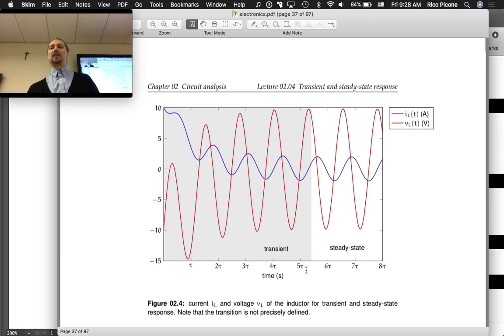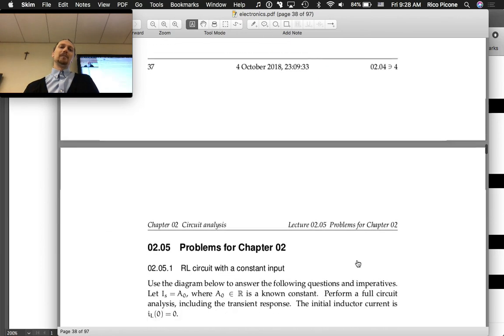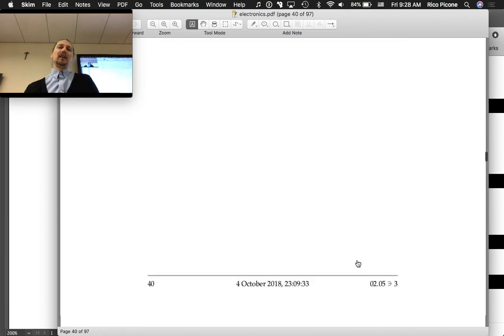It's not a sharp transition at a certain number of time constants. Like we often say, oh, well, after 5 time constants, it's steady state. But there's a little bit left. It's within 1%. 6 time constants is within about 0.1%. It gets closer and closer. So that was important.